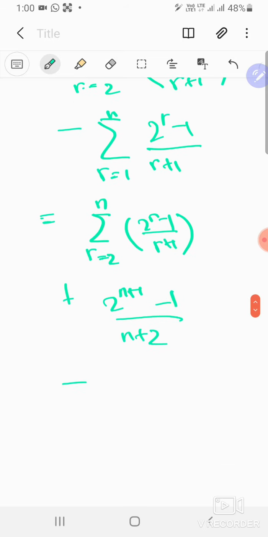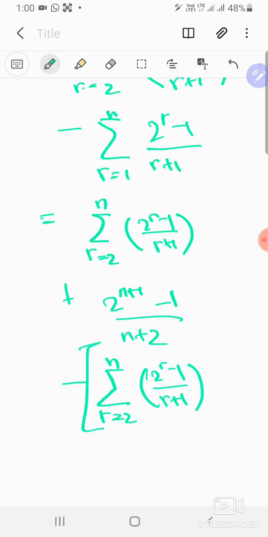Okay, and then minus this summation can be written as summation from r equals to 2 to n of 2 power r minus 1 upon r plus 1. Okay, I'll just put a bracket. But then for the r equals to 1 term, I will write it separately. So that will be 2 to the 1 minus 1 is like, okay, fine, just 1 upon 2. Fine, so 1 by 2.